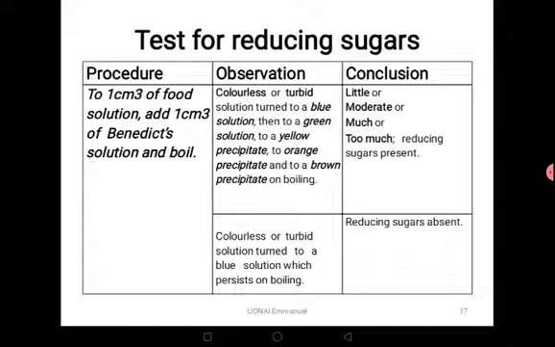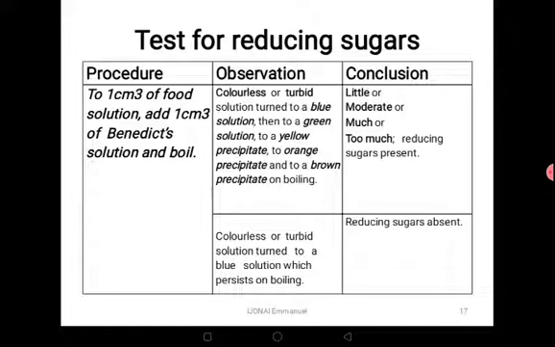And then when you boil it, it will begin changing colors. It will turn to green solution. Green is a solution. It will turn to yellow precipitate. You will start seeing a precipitate. It will turn to orange precipitate, and finally to brown precipitate.